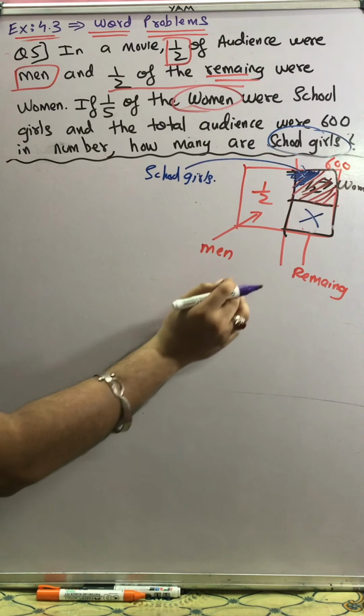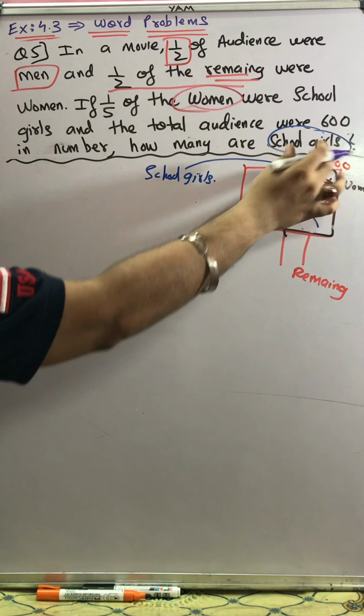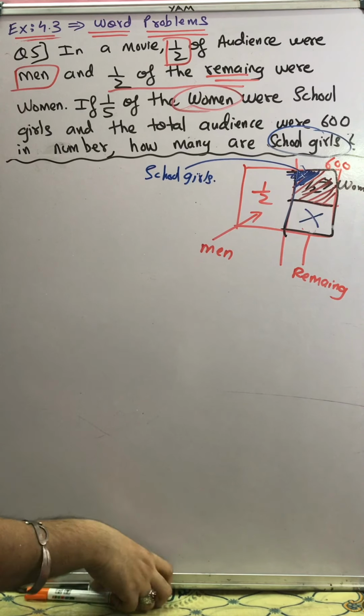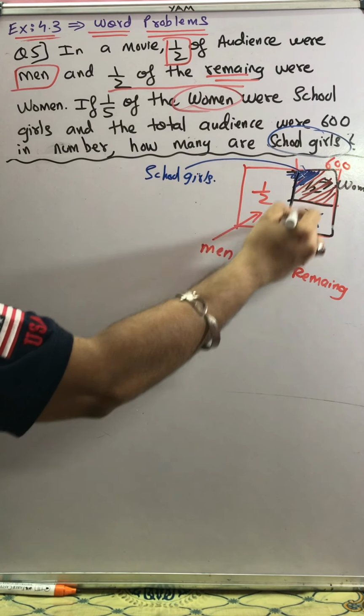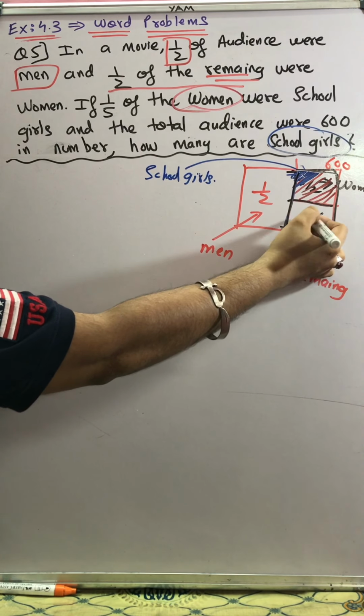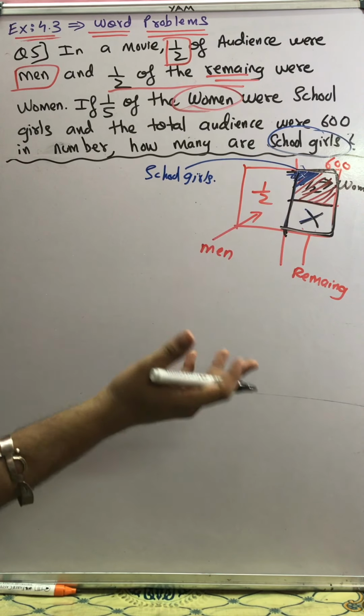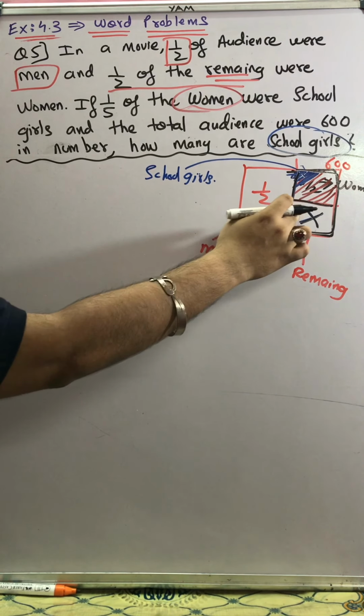Total there are 600 people. Half are men. The remaining part is the black color. From this remaining part, half are women, and no data is given about these other people. This might be mixed people. We don't know. But here also there are people.